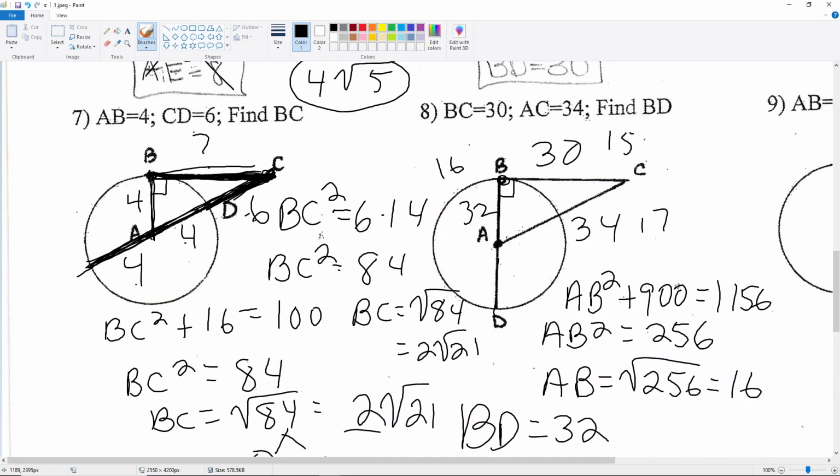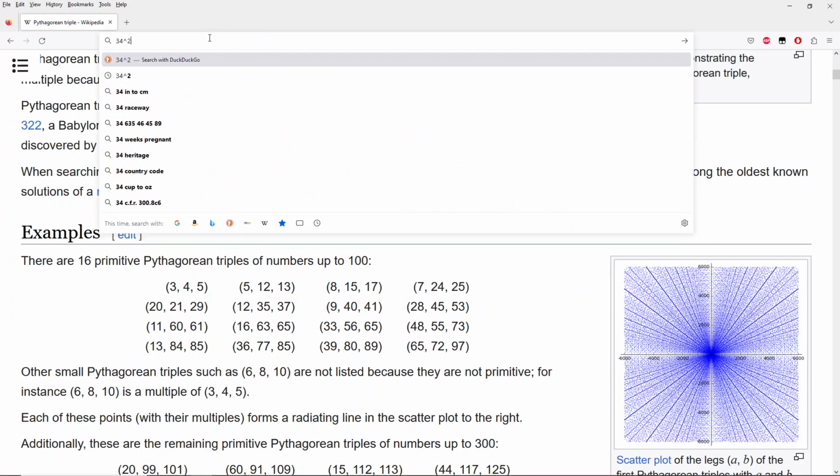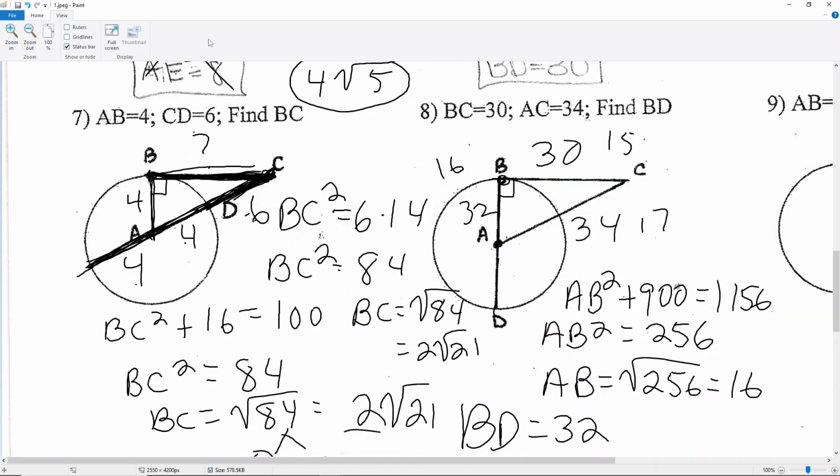AB squared plus 900 equals 34 squared, which is 1156. AB equals the square root of 256, which is 16. BD is 32. Wait a minute, the whole thing is 32. This is a 16, so it's 16, 30, 34.